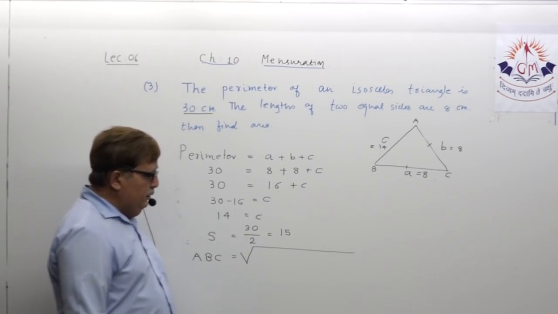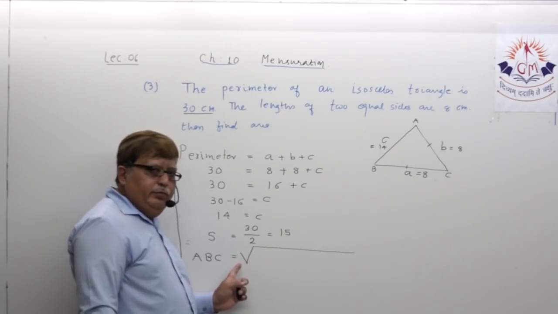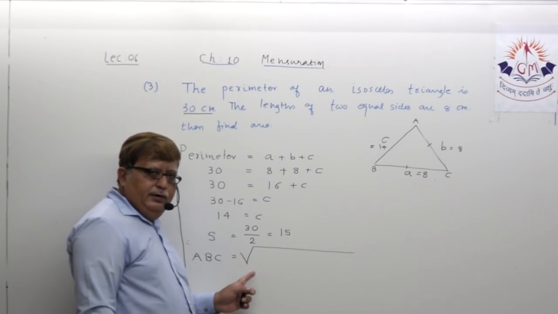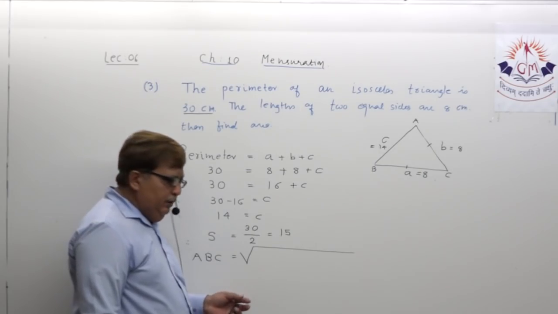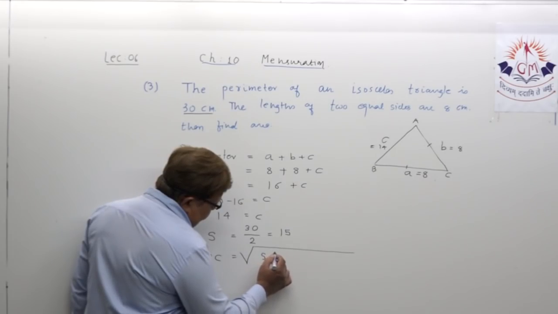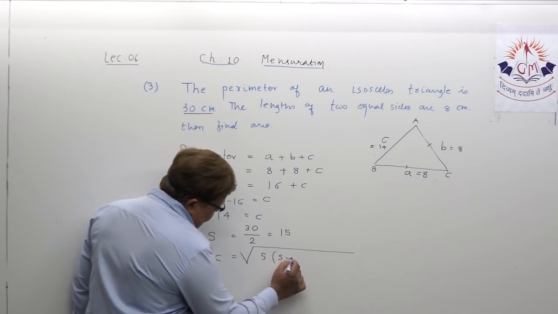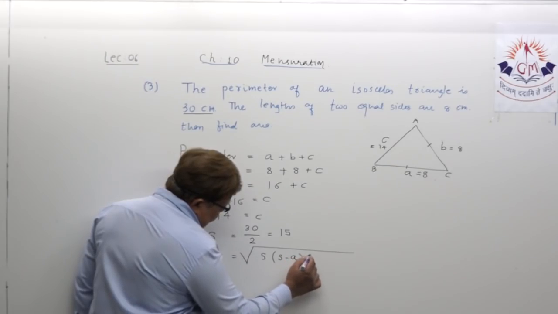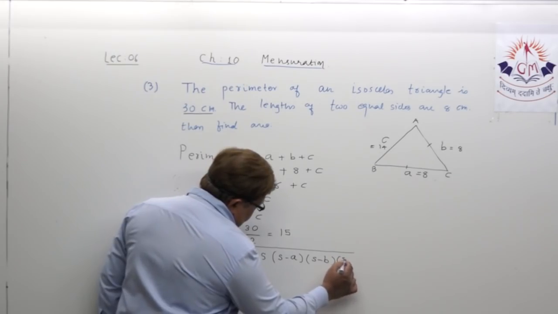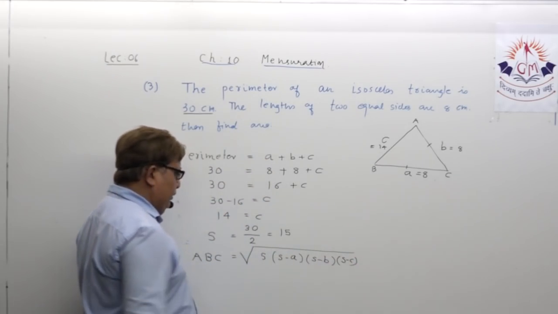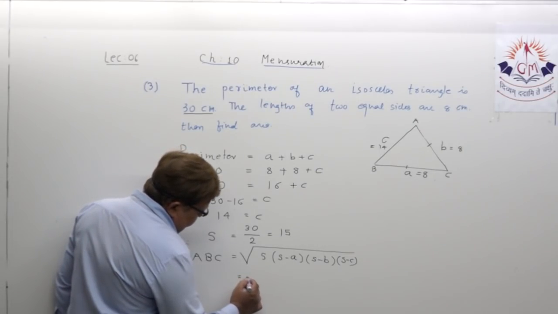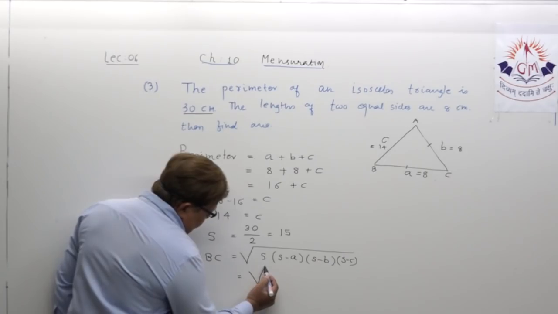Before utilizing this particular formula, if you write as per Heron's formula, it's good. Let us write: s minus a, s minus b, s minus c. Let us substitute the values accordingly.